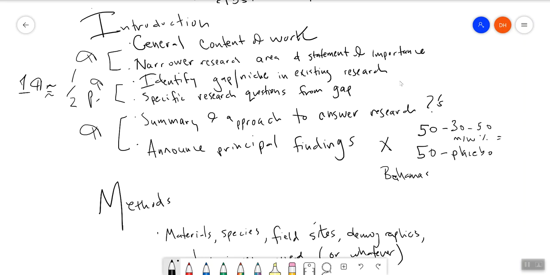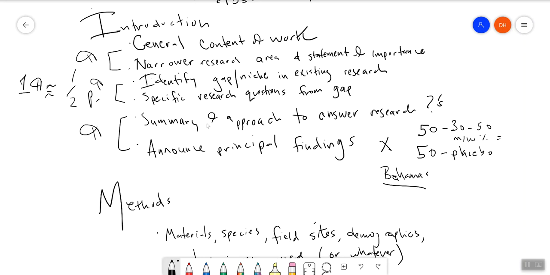The gap in existing research for your group would be, well, nobody's done this test in the Bahamas. That is a very clear gap in the existing research. So you would just mention that. That's the justification for why you're doing this, why it's important.